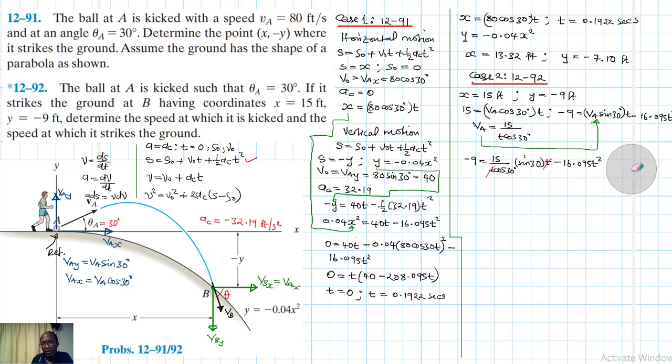Okay, maybe let me write our equation. So this just becomes 0 is equal to 15 tan 30 plus 9 minus 16.095 t squared, and therefore our t is just going to be equal to 15 tan 30 plus 9, divided by 16.095, square root of that.